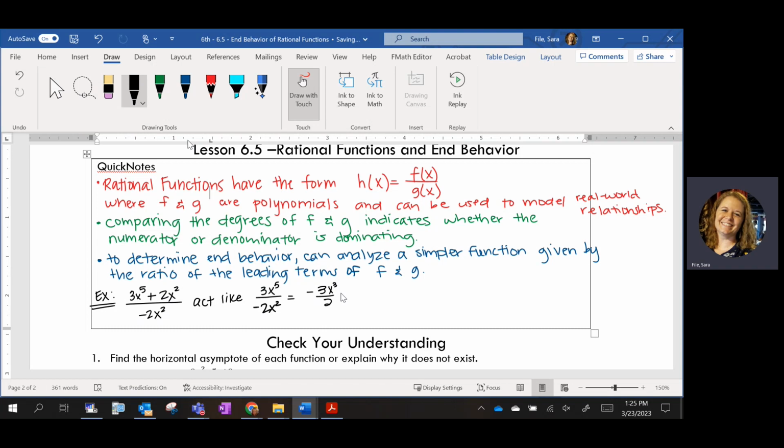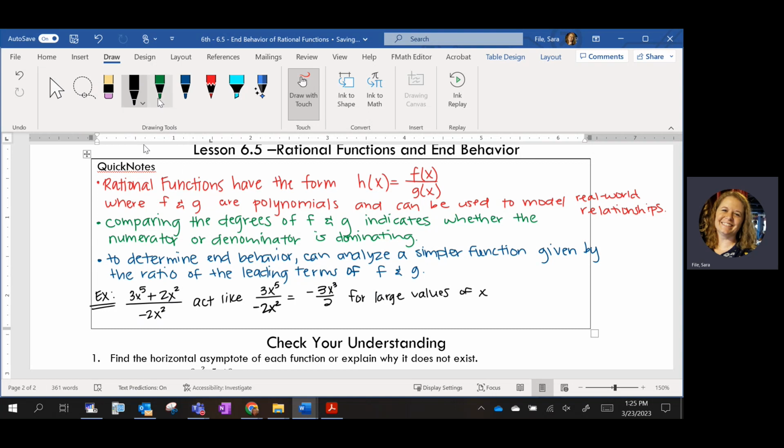It'd be decreasing, it'd be falling. So it's going to act like this function for large values of x, meaning if I plug in as x approaches infinity.